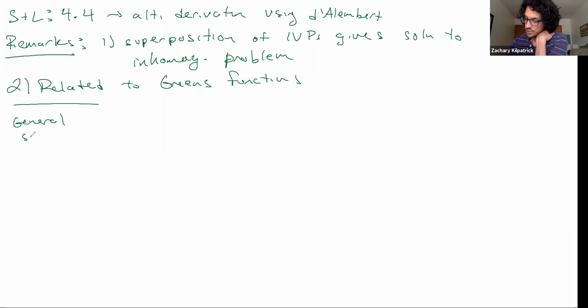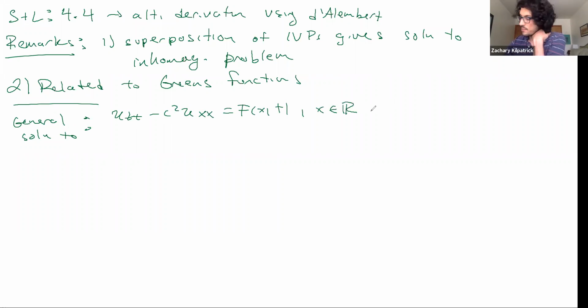The general solution to the full wave equation that we were talking about before, where you have inhomogeneities, is just going to be given by summing up Duhamel's principle and D'Alembert's solution.